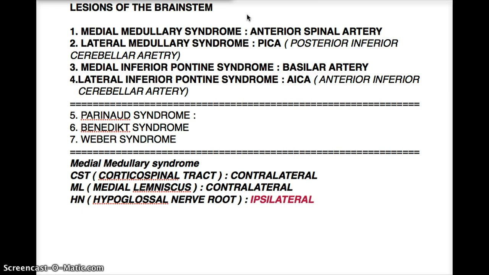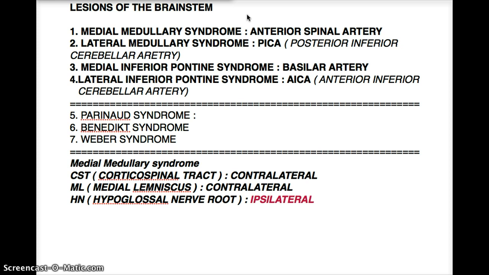So let's just organize our thought in that way, that the easiest way to differentiate between a lesion in the medulla or pons or midbrain is through the clue with the cranial nerve that is originating from that region. So let me give you a quick example.